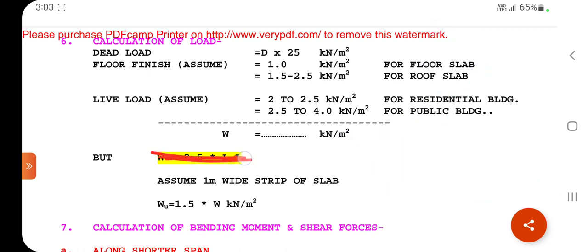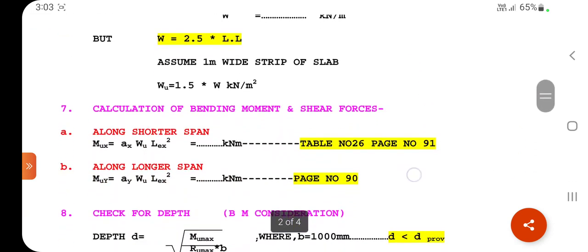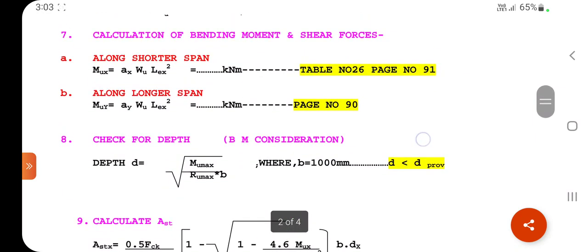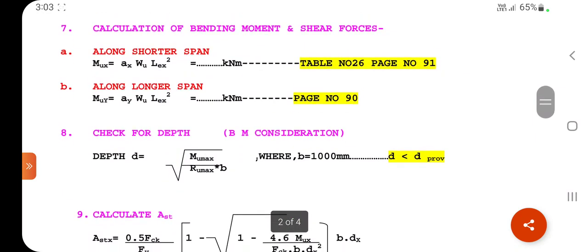Okay, now after calculation of W, we need the calculation of the bending moment. If you consider the bending moment in the case of a one-way slab and again in the case of a two-way slab, there is a difference in the calculation of the bending moment.